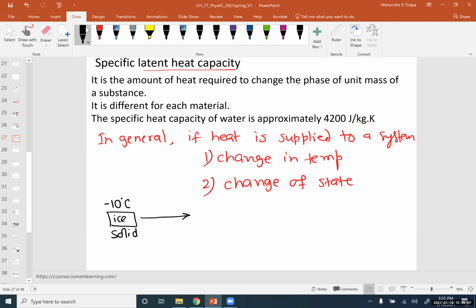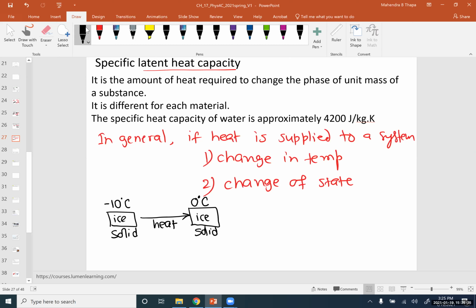If I supply the heat, it will not instantly convert to water. At first it still is ice, but the temperature will increase from minus 10 to 0 degrees Celsius. So still, ice is solid.